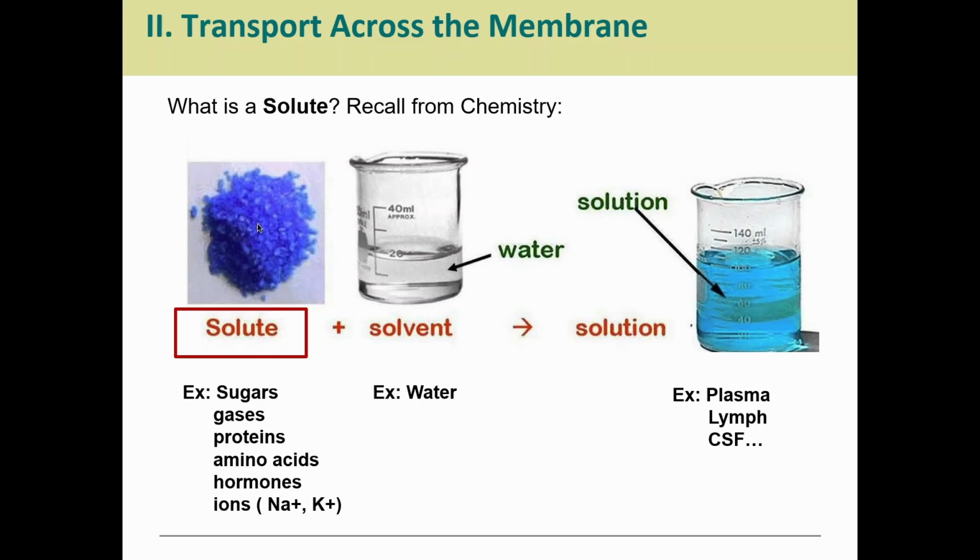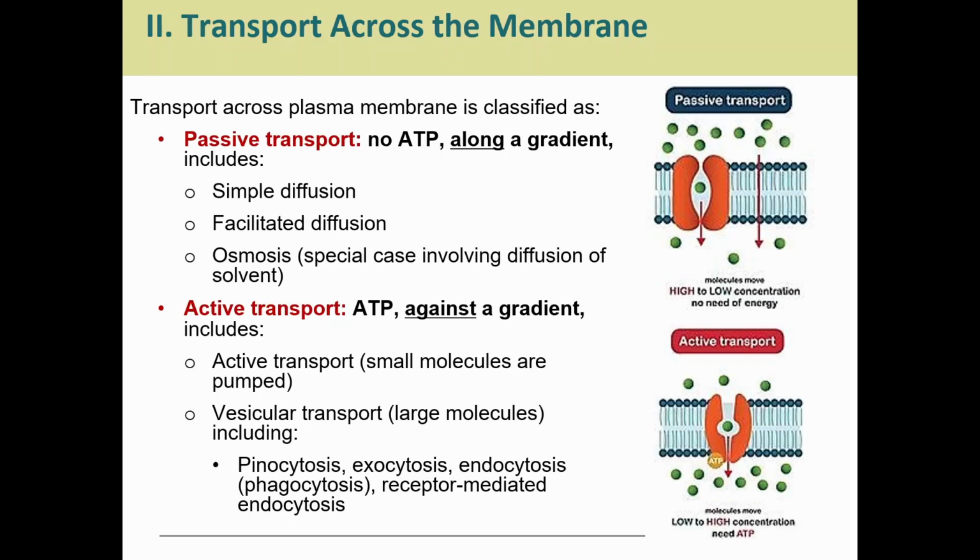And if we look at some solutions that we find in the body, that can be things like the plasma in your blood, the lymphatic fluid in your lymphatic system, the cerebrospinal fluid we find washing over the brain and spinal cord. So we have all these different substances that are dissolved in these solutions, and we want to be able to control where they go.